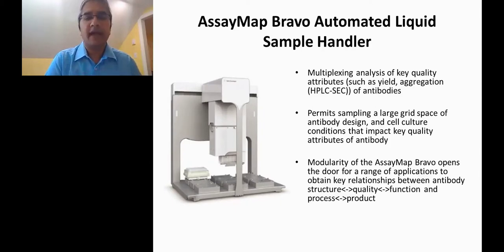It also permits sampling a large grid space of our designed antibodies. And rather than just looking at them as displayed scFvs, we can make them in micro transfections into full antibody structures and look at the critical quality attributes.